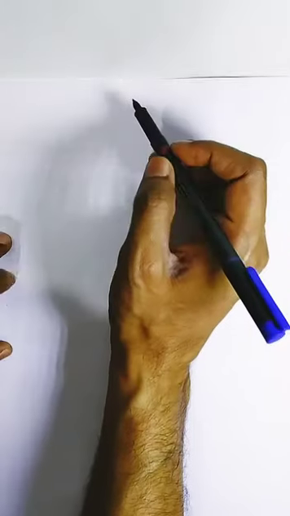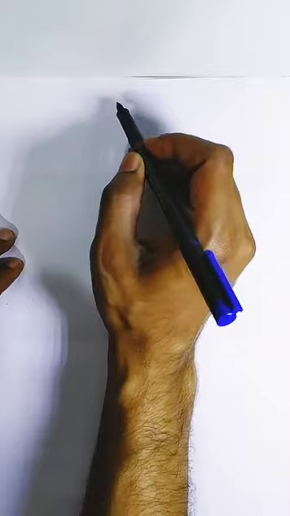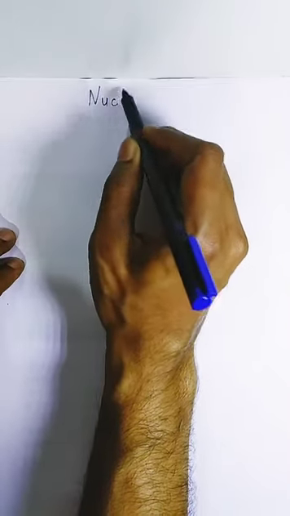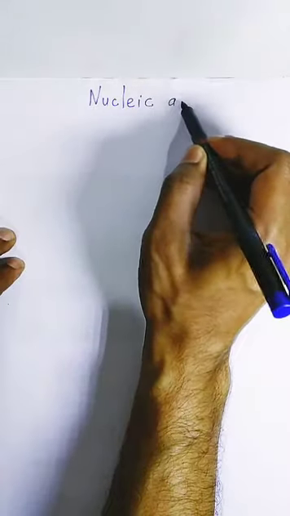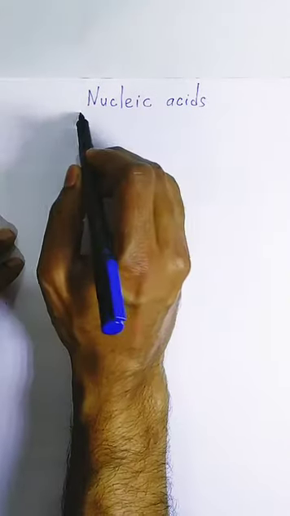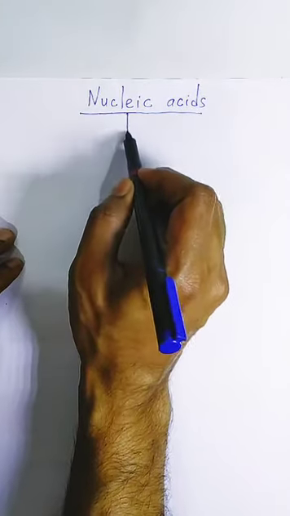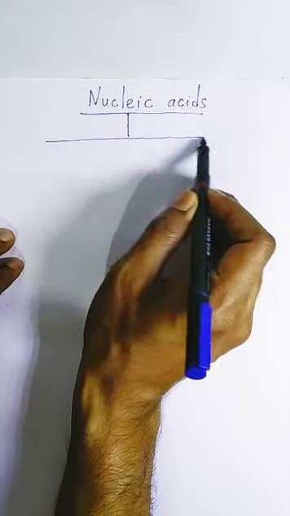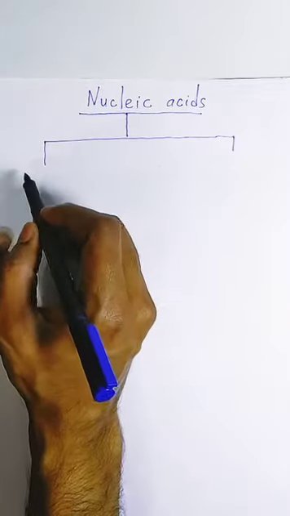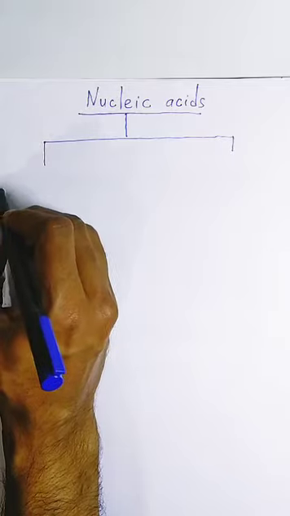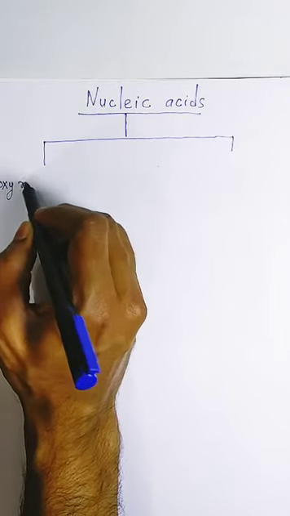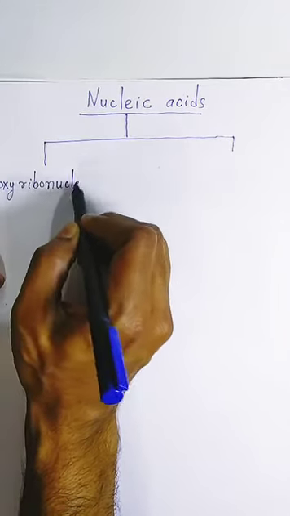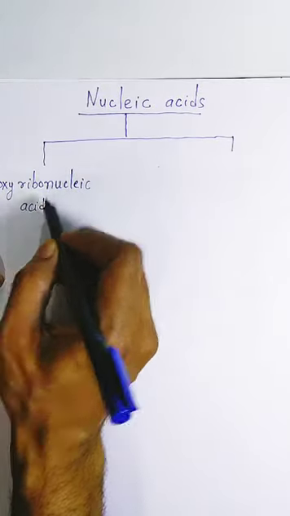Now, students, we will see the nucleic acid. It is divided into DNA and RNA. Nucleic acid is of two types. First one, I am writing DNA, which we call deoxyribonucleic acid.